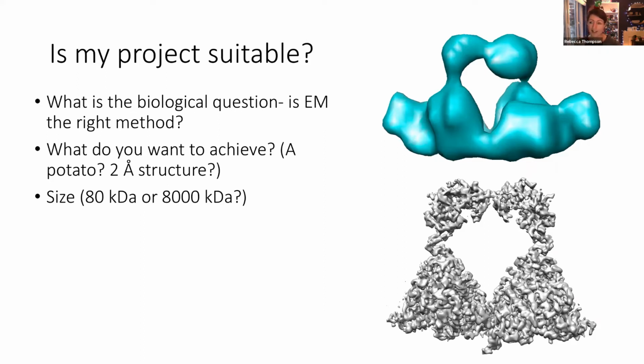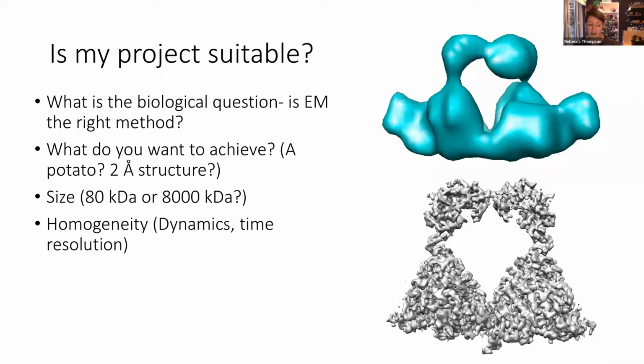And the really great thing is that we can work with complexes many, many megadaltons in size. So whereas, for example, with NMR or X-ray crystallography, you may start to struggle with analysis of complexes of that size, typically cryo-electron microscopy would be a tractable approach for those kinds of sizes of complex.